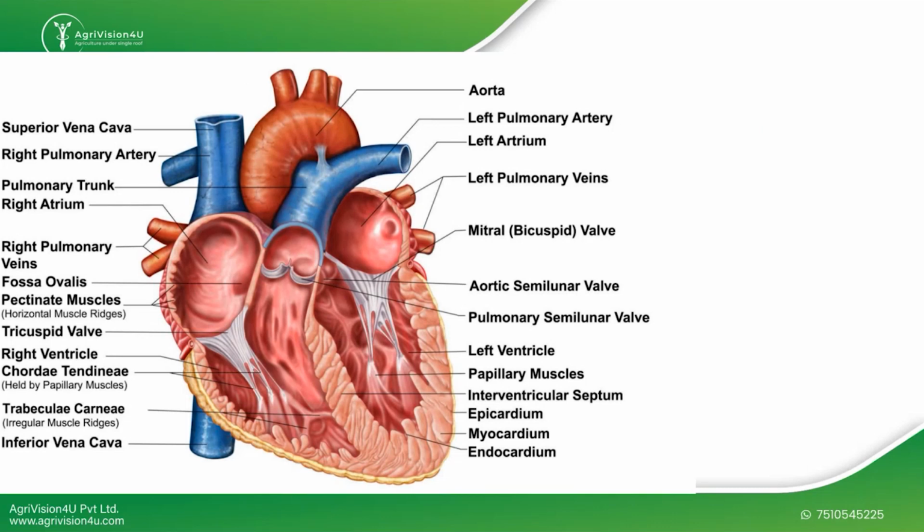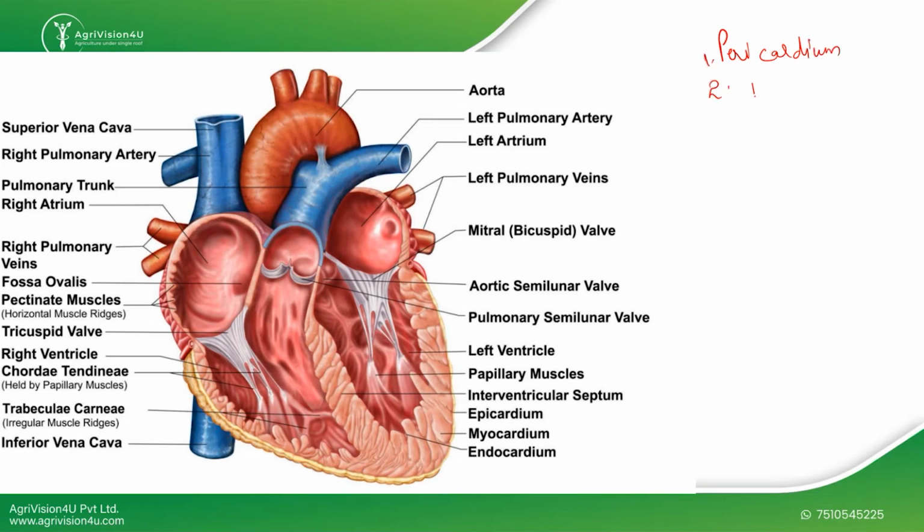Then understanding the layers of the wall of the heart is again very important. We all know it is made up of three layers: outer, middle, and inner. The outer one is known as the pericardium, peripheral, as the name itself says. It is the very first layer.